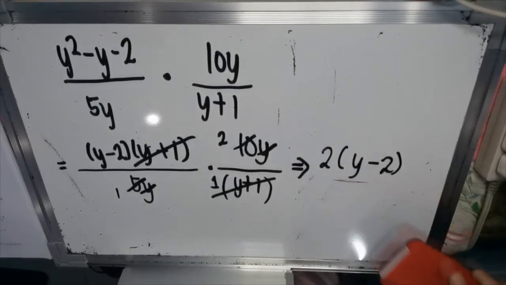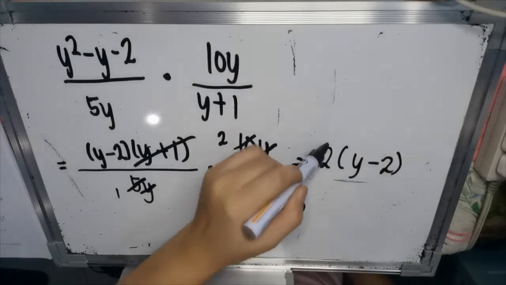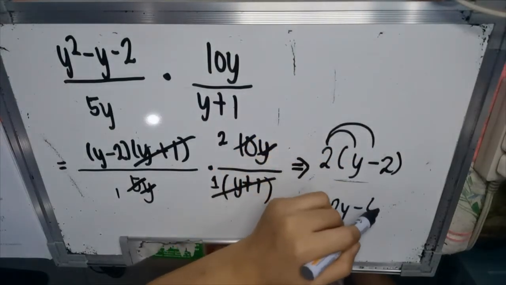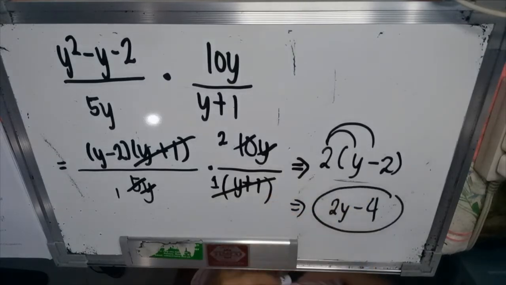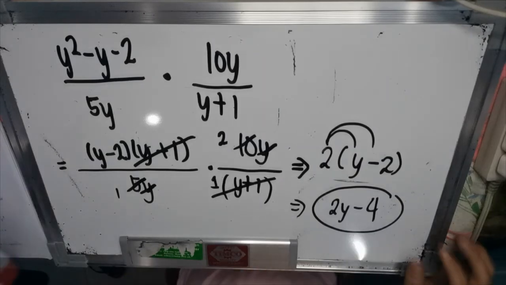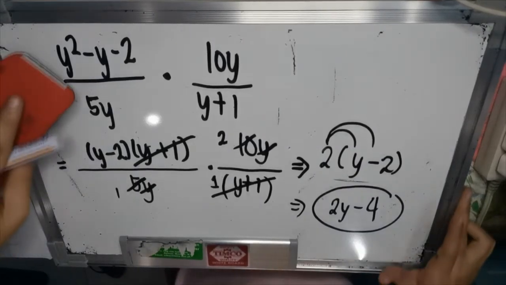So, matitira natin is 2y minus 4. And this will be our answer. Okay? Nagets ba? So, that would be our answer. Okay, let's have another example.